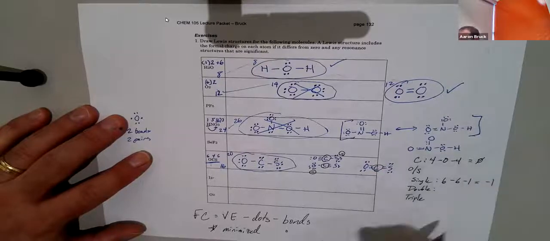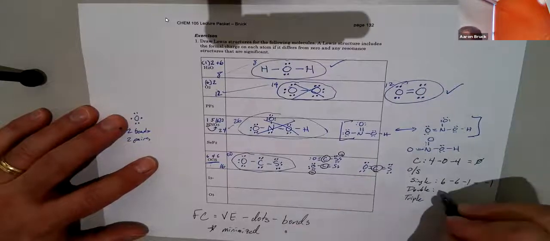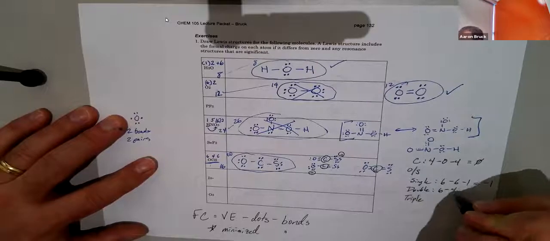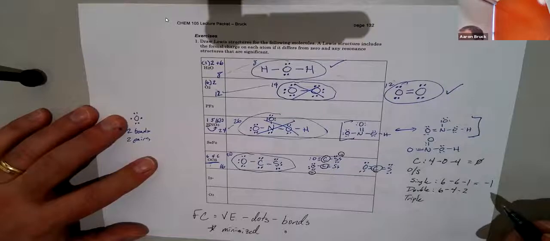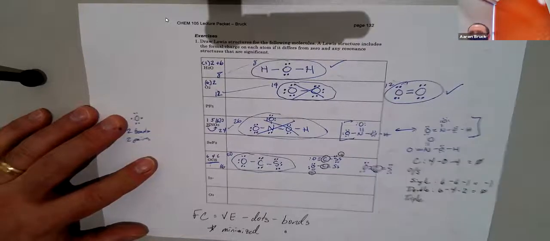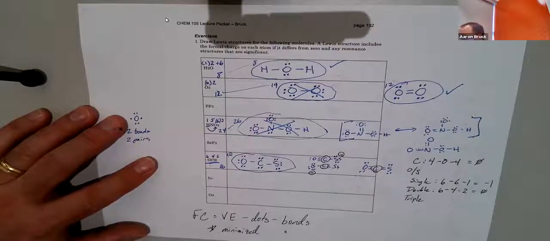If they are doubly bonded, like in the third structure, I have 6 valence electrons minus 4 dots minus 2 bonds. 6 minus 4 is 2. 2 minus 2 is 0. Oxygens and sulfurs that are doubly bonded have no formal charge.